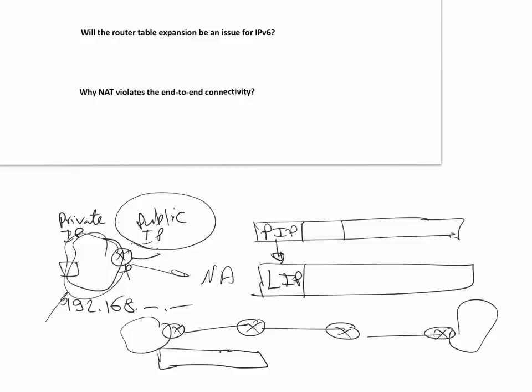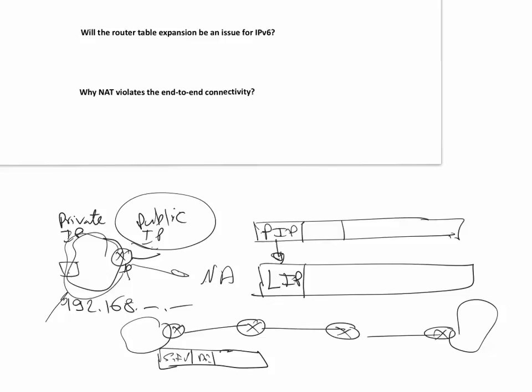As we said before, the logical IPs, the source IP and destination IP, they should never change during the transmission of this packet end to end. Right? What does change? The physical address. The physical address will change depending on the router. So at every hop, the physical address will change. The logical address should never change.